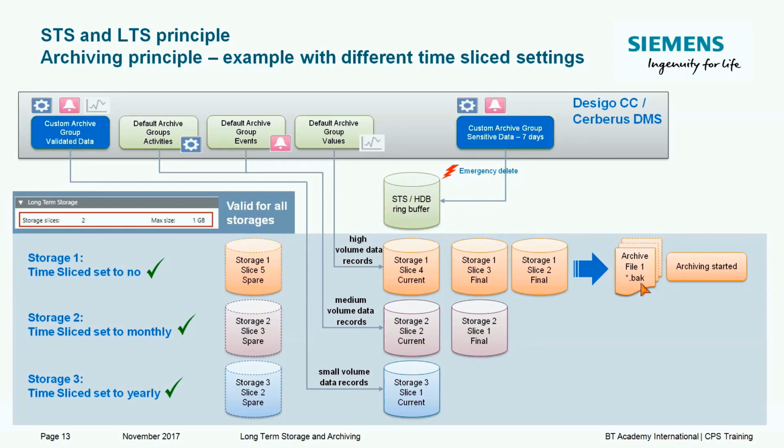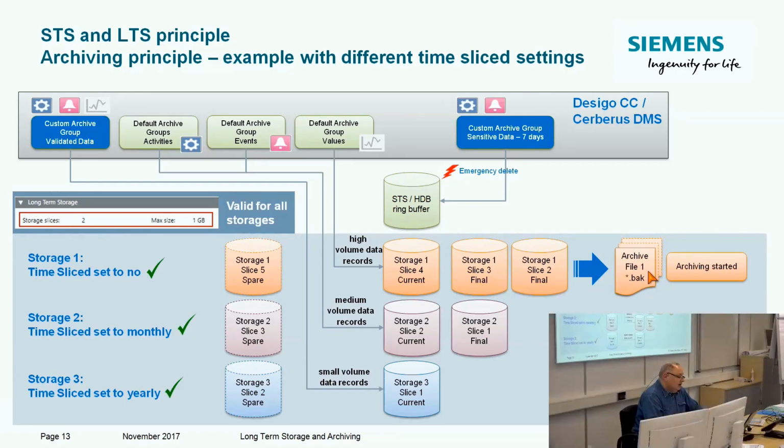We are using here the standard SQL extension, which is BAK, the backup file basically, as archive file. So you see here that once this 2 has been achieved, the next step is actually bringing this slice to an archive file.